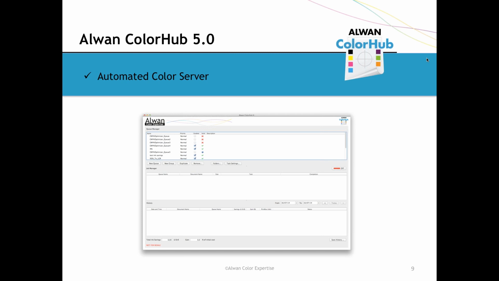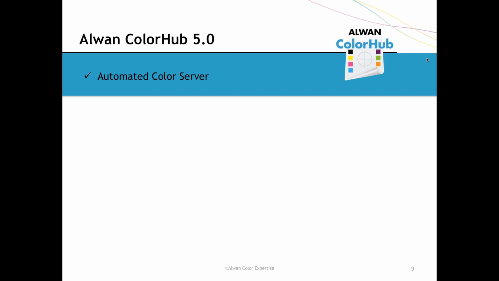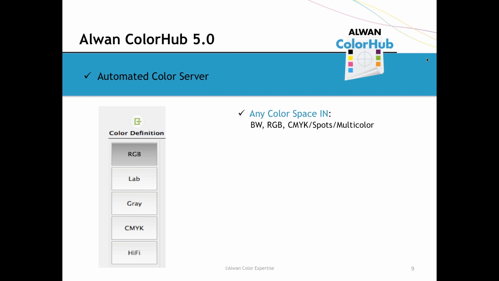It's an automated color server. It has all the known features of CMYK Optimizer, like device link generation, automatically dynamic tuck reduction, etc. But it also has some new capabilities.